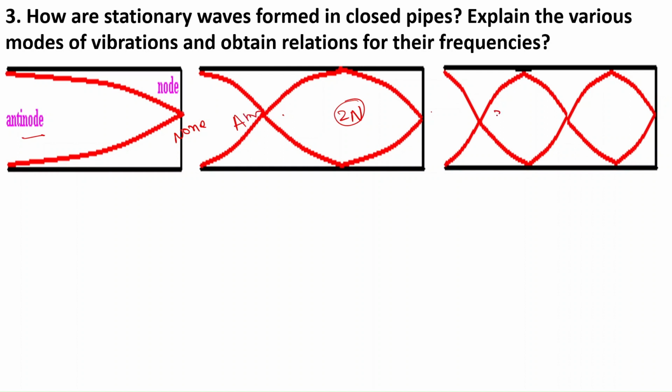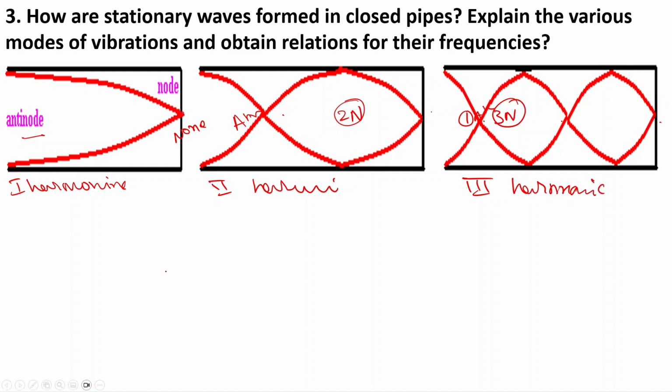And here 3 nodes and one antinode. So this is the first harmonic, this is the second harmonic, and the next one is the third harmonic. These are the three different harmonics formed in the closed pipe.